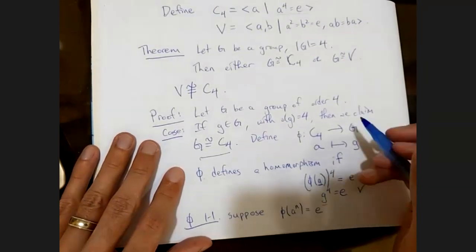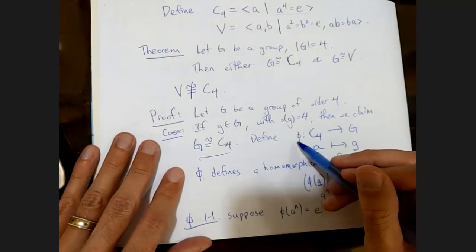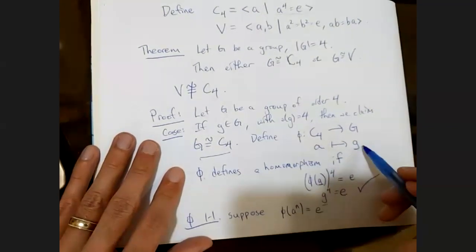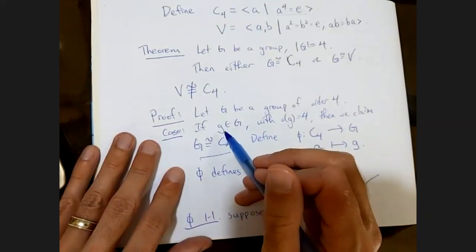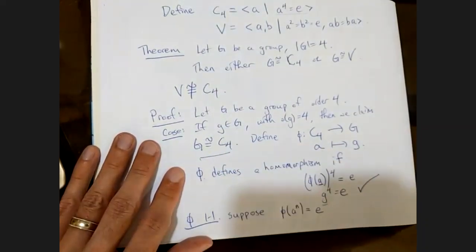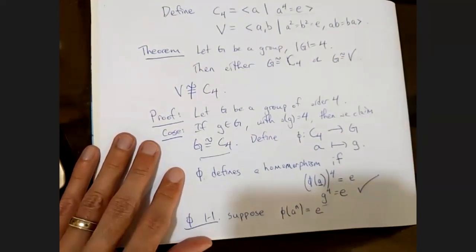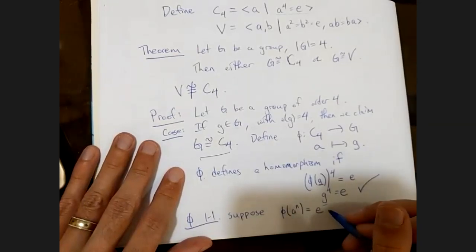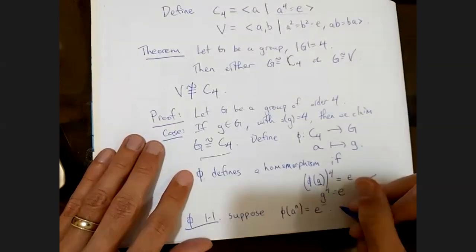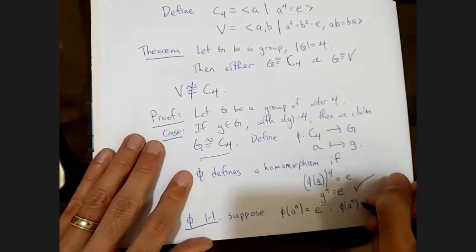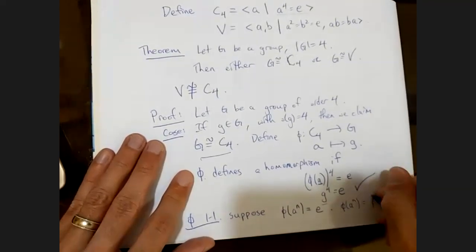Because the definition of phi says if you plug in A, you get G, and G is our element of this arbitrary group, and G has order 4. So if phi of A to the n equals the identity, well, phi of A to the n is just phi of A to the power n.